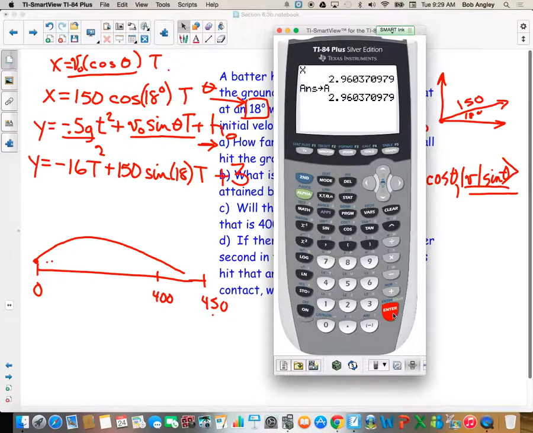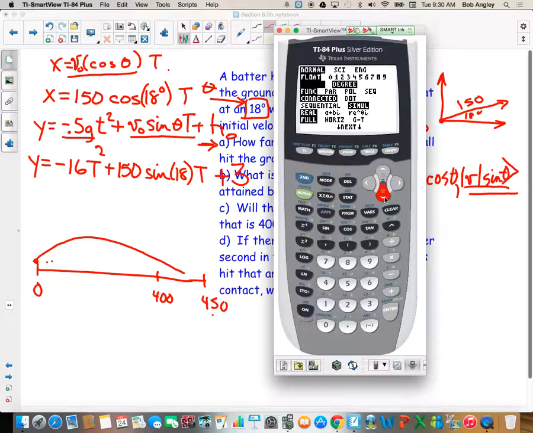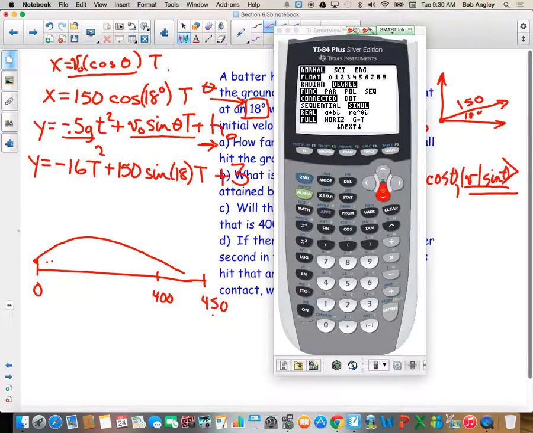Now let's go back to mode and change back. Before we do that, let me explain something right here. If I want to find out how far down this direction we are, it should be the x coordinate. It's the x value here at the t value we just got.